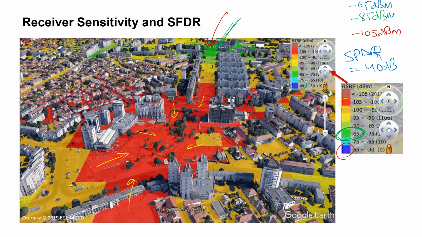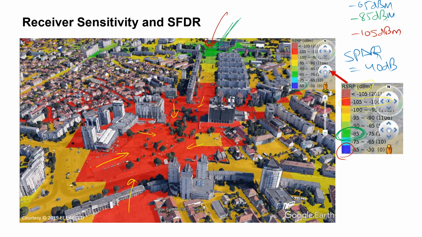So for this scenario of a city where a base station is transmitting cellular technology signals, and our mobile phones actually receive those signals, if a mobile phone receives a signal of almost minus 105 dBm, it can still make sense out of the signal because it will be above the noise level.